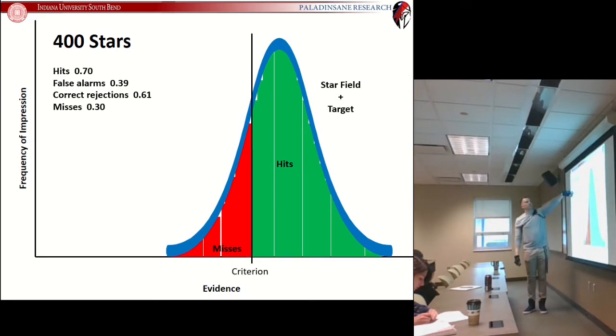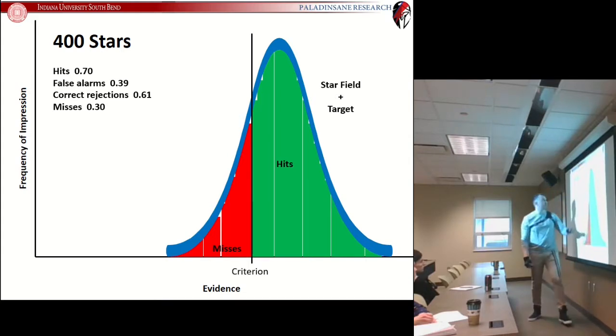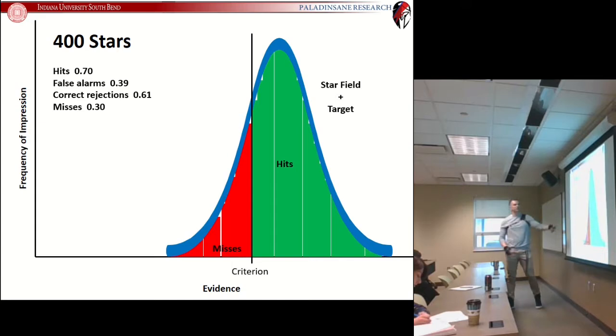Take a look at the false alarms, 39%. Take a look at the correct rejections, 61%. So we have to put the noise distribution, that star field distribution, somewhere along this line so that this very same criterion line splits it into 39% on this side for false alarms, 61% on this side for correct rejections.